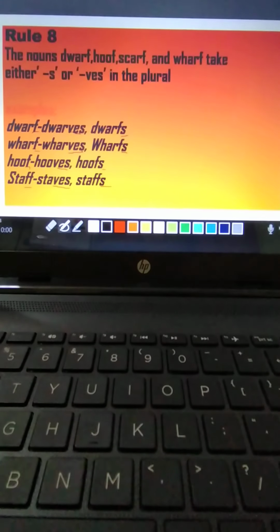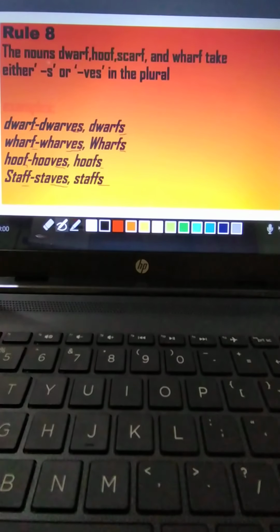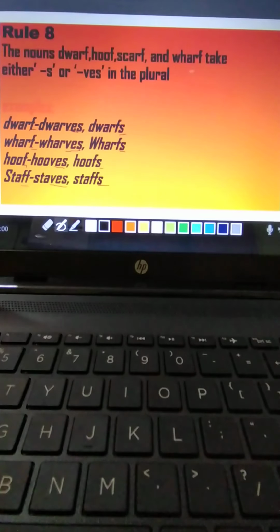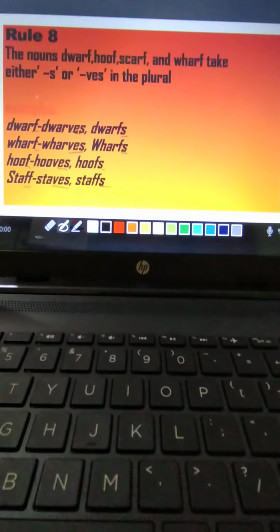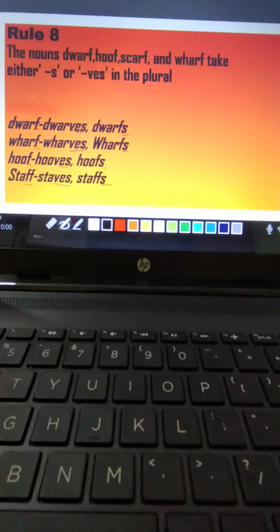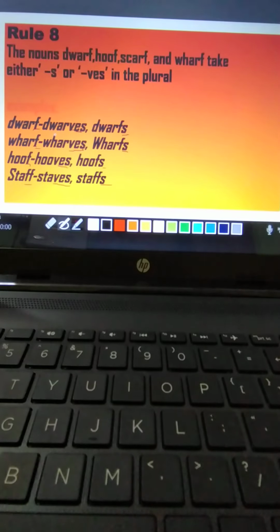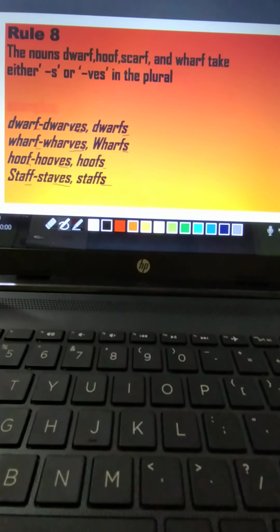In this rule number 8, what is being told is that the nouns dwarf, hoof, scarf and wharf take either s or ves in the plural. That means to transform singular noun into plural noun, that is dwarf, wharf, hoof and staff, you can either add ves to the word or just add s to the word.